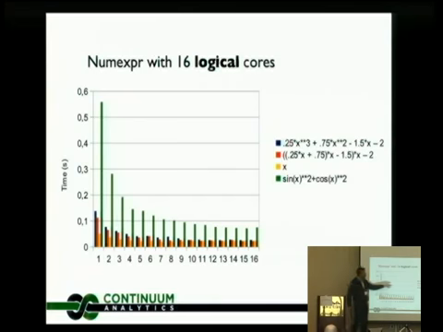But in this case, I haven't made use of this capability of NumExpr. Maybe if I had made use of that, the time would have probably halved, or maybe even more. So the speed would be much better in that case.